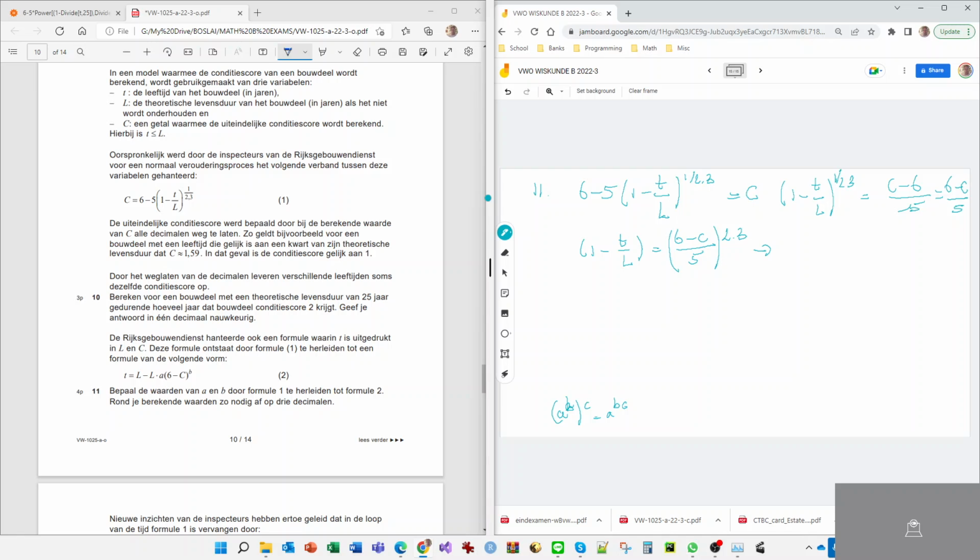Now I move my 1 to the left and multiply both sides by minus L. So I get T equals minus L times (((6 minus C) divided by 5) to that power minus 1).